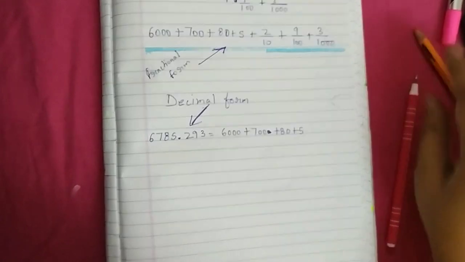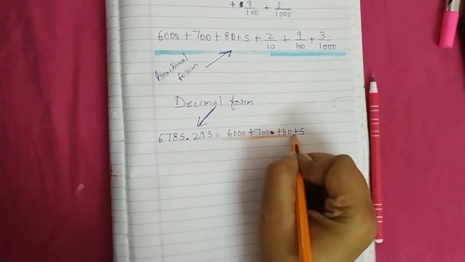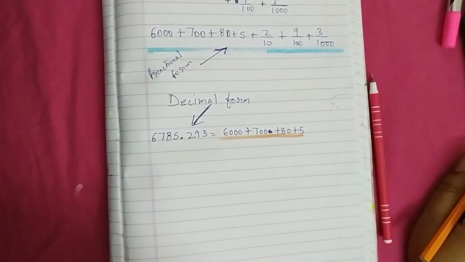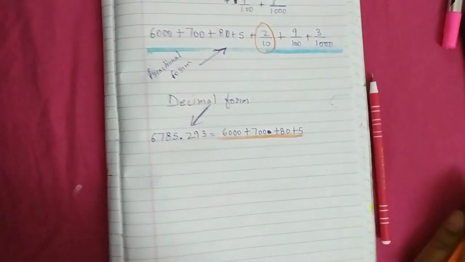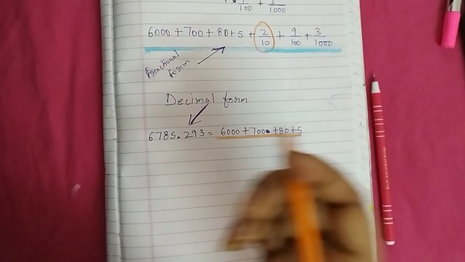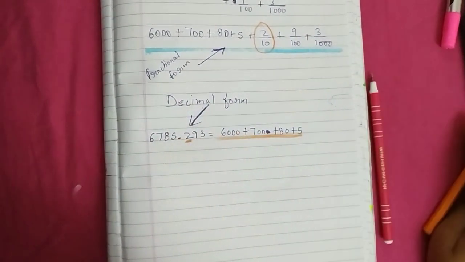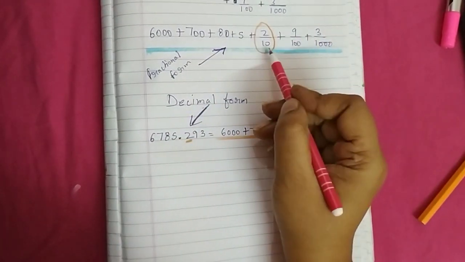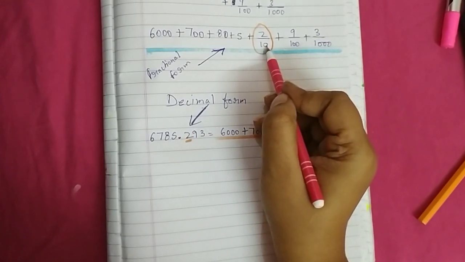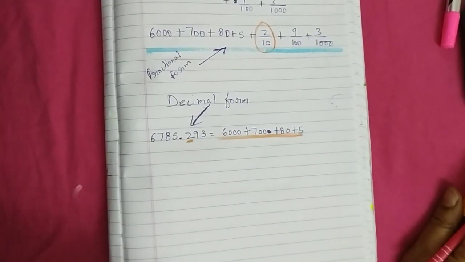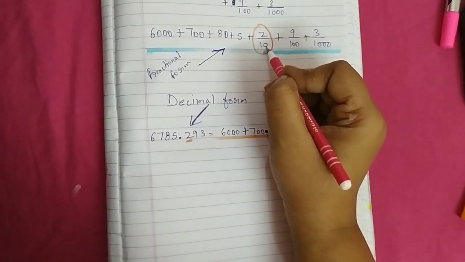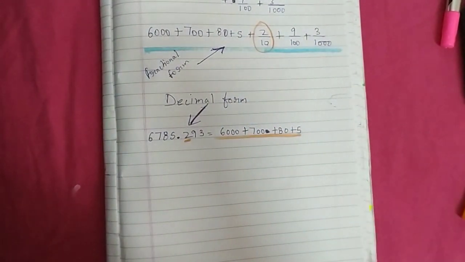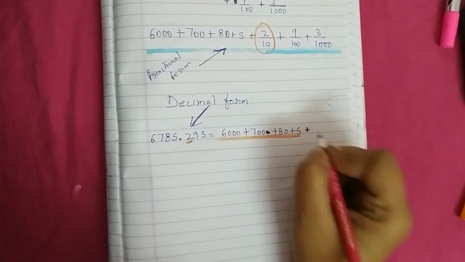It is clear to you? This part is clear to everybody? Yes, this part is clear to everybody. Now, just talk about this part. 2 upon 10. That means here at tenths place. Now, children, see how many zeros are there? 1 zero in denominator. You have to check the number of zeros in the denominator. So, how many zeros are there? 1 zero. That means you will put a decimal.